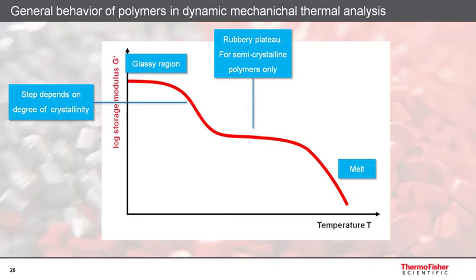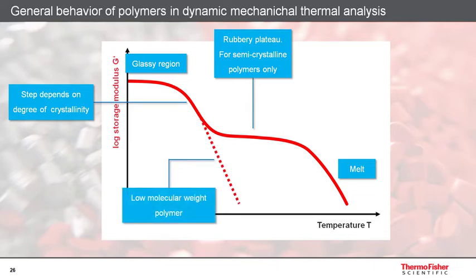Low molecular weight polymers do not exhibit a rubbery plateau. Once the glass transition is completed, the material becomes a soft melt and G' is decreasing with increasing temperature. Cross-linked polymers, on the other hand, do not melt, but will stay in a rubbery state until thermal decomposition occurs.